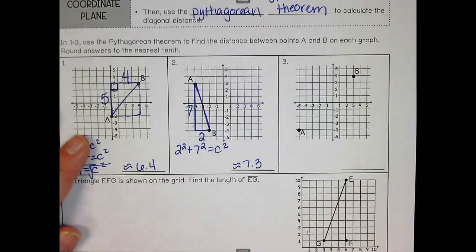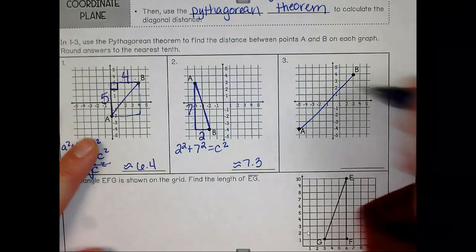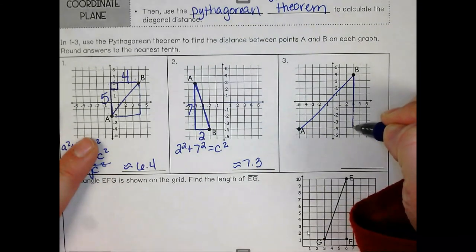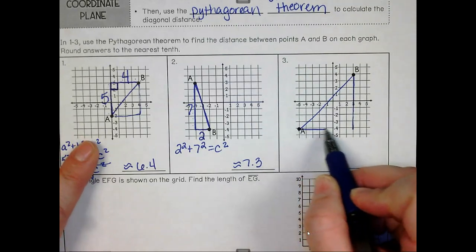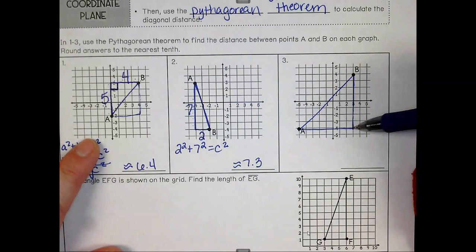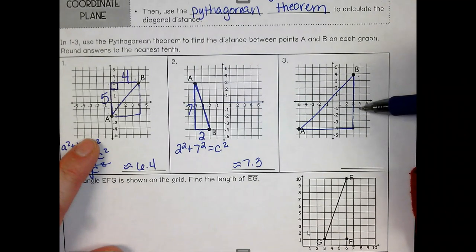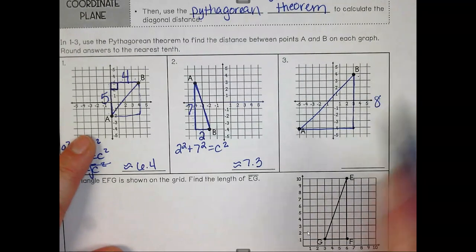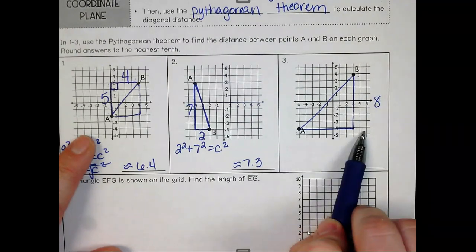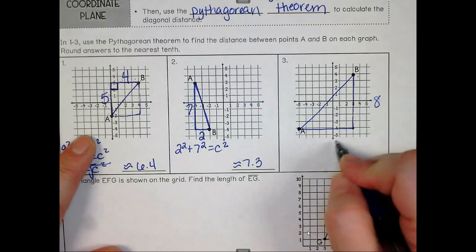Okay, so from A to B. Yeah, that's a big one. All right, so to go from the very bottom up to B, how many squares do I have? 8. Okay, what about at the bottom? 8.